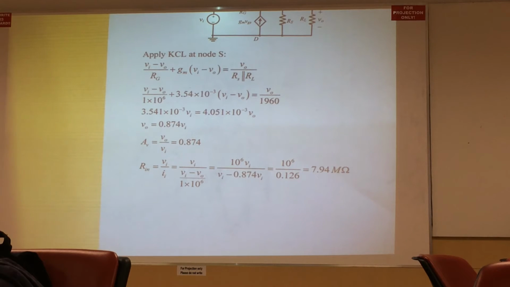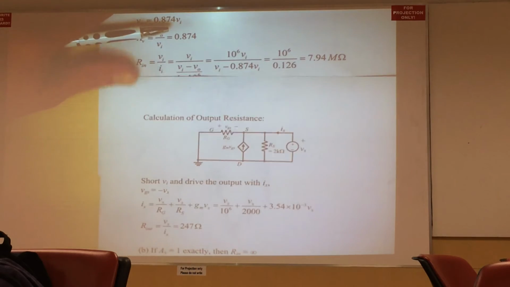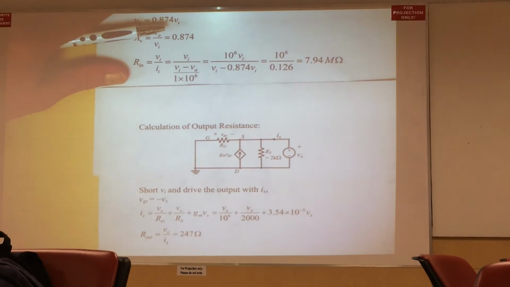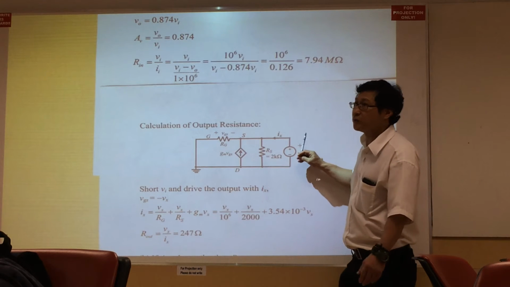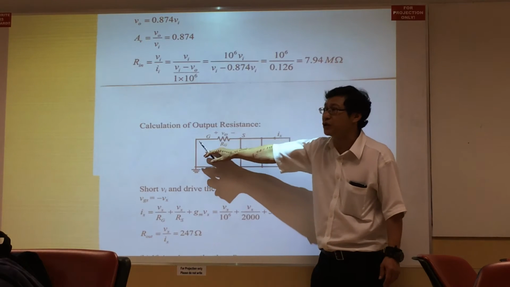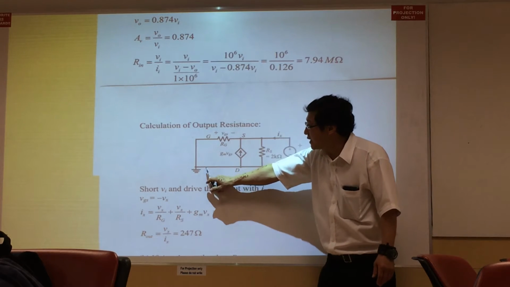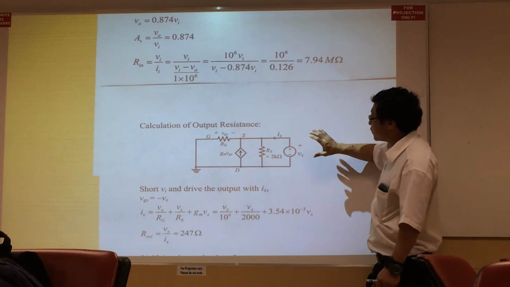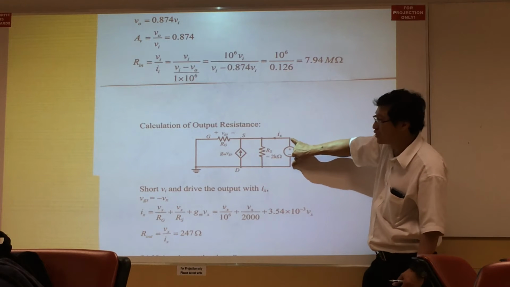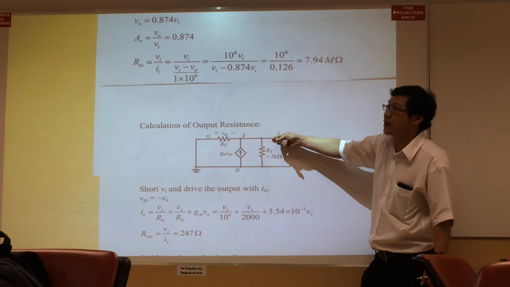Now let's take a look at the output resistance. To find the output resistance, you kill the input source, so you kill Vi. When you want to find the output impedance, you apply a fictitious voltage source and measure the current going in.